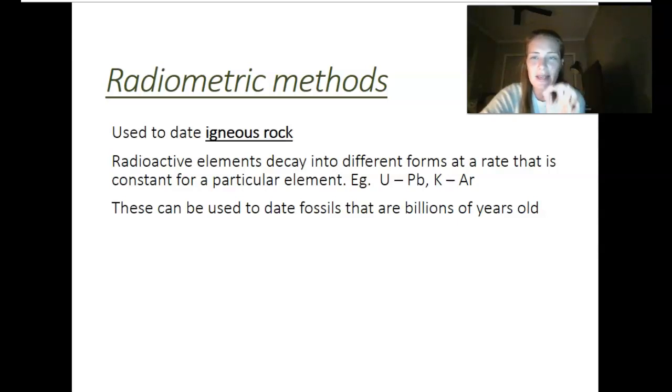So it's less accurate, and you can't test a fossil itself for potassium argon dating, because living things don't have a great deal of these elements present in them, especially uranium. So what these are used on instead is igneous rock. So other radiometric methods, apart from carbon dating, are used to date igneous rock.